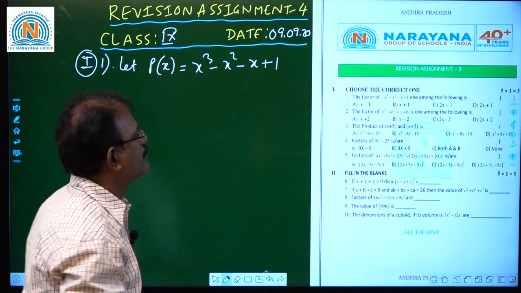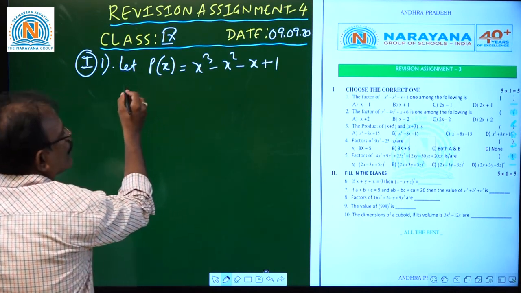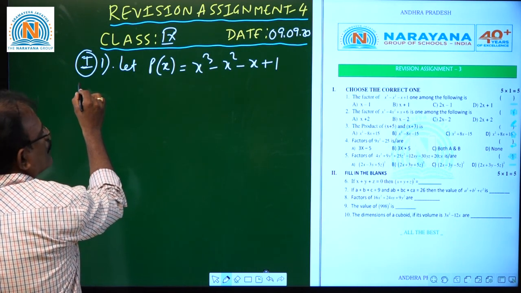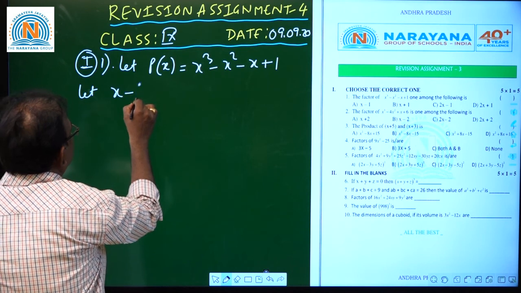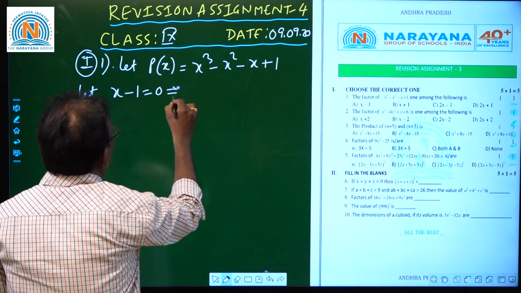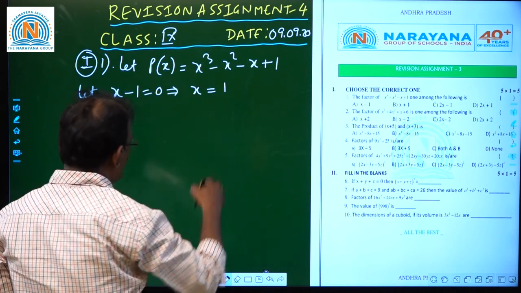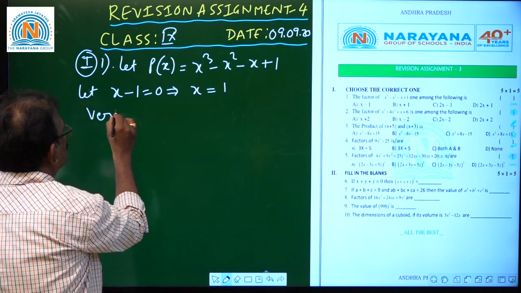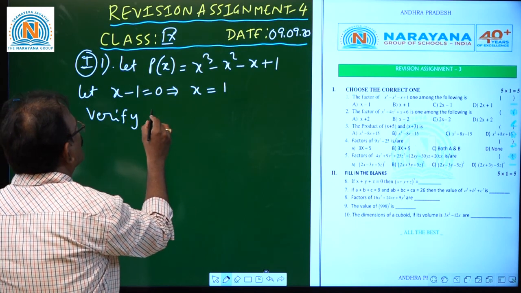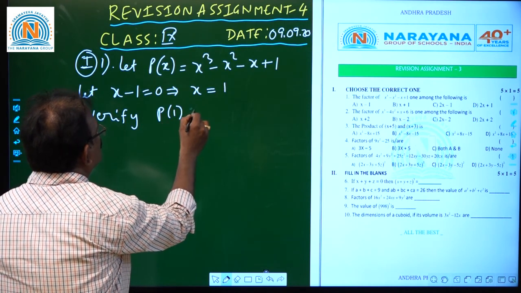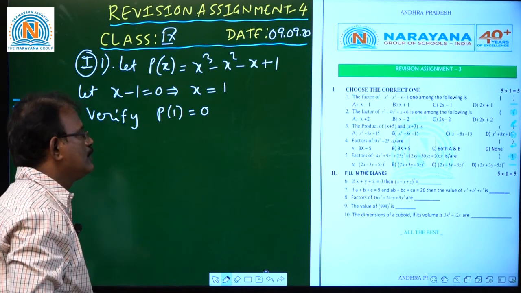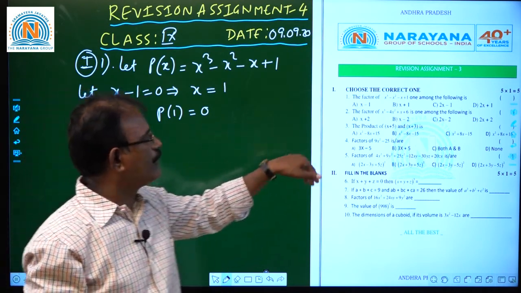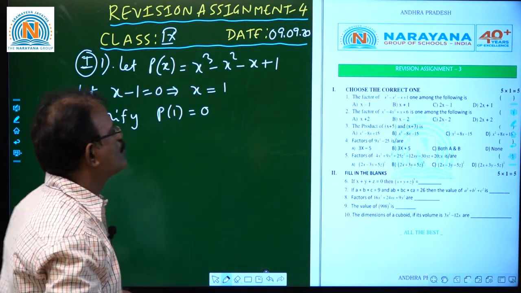If you want to check, let x minus 1 is equal to 0, then x is equal to 1. So verify whether p of 1 is equal to 0 or not. If p of 1 equals 0, by the factor theorem we can say x minus 1 is one of the factors. So let us verify.